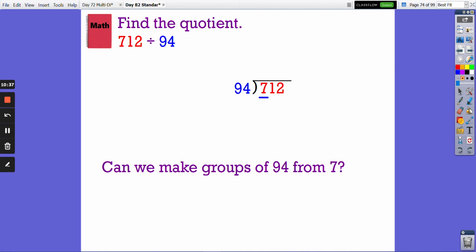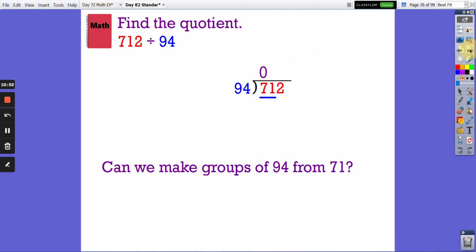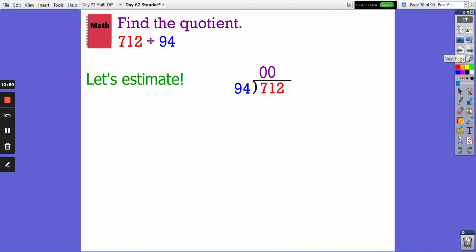712 divided by 94. Can we make groups of 94 from 7? Nope. So let's move on to the next digit. Can we make groups of 94 from 71? Nope. So let's put another 0 and move on to the next digit.